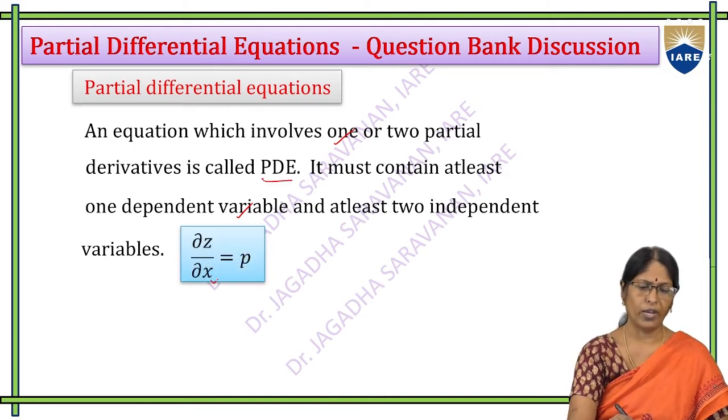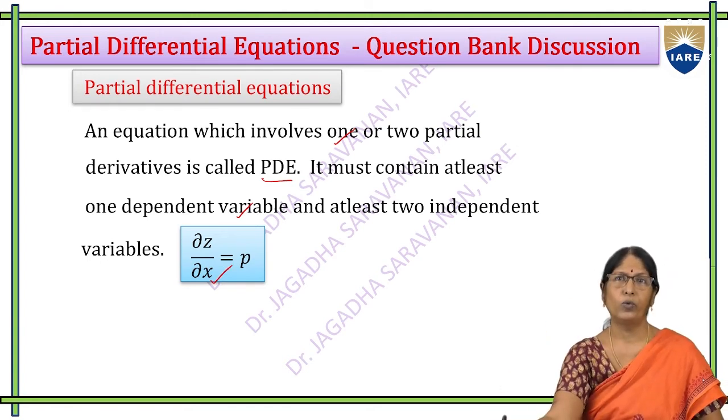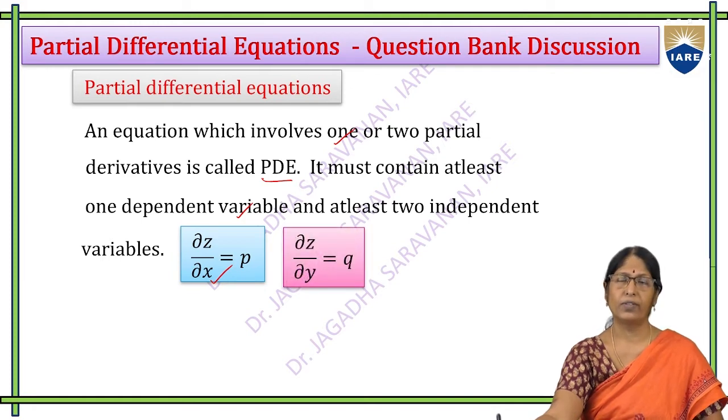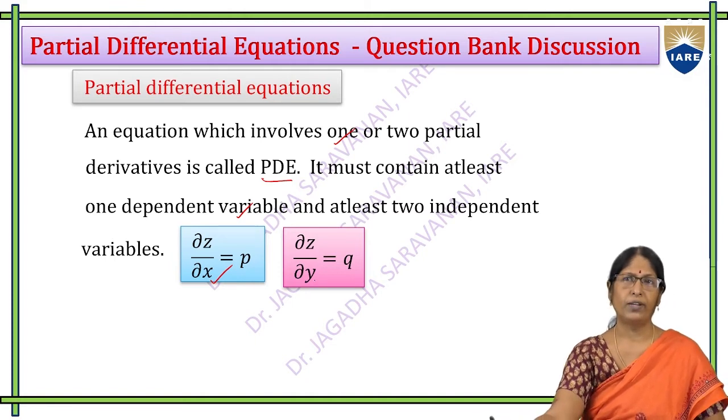Now here we can notice, ∂z/∂x is equal to p. So the notation ∂z/∂x we are representing as p. The next one, ∂z/∂y, that is, z we are going to differentiate partially.